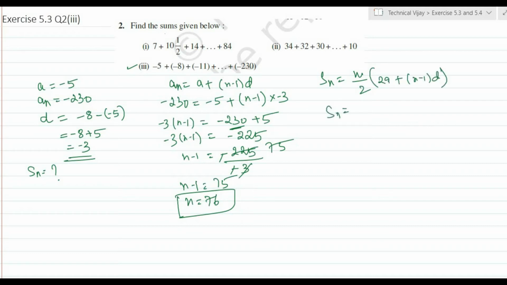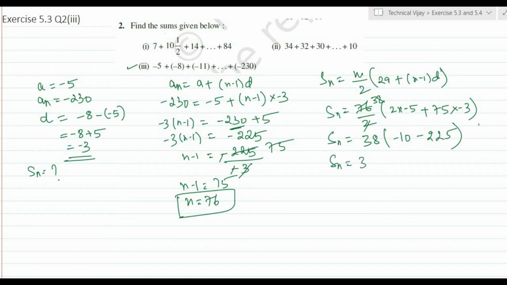So Sn is equal to, n means 76 divided by 2, into 2 into minus 5 plus 76 minus 1, that is 75, into d, which is minus 3. So Sn is equal to 76 by 2, that is 38, into minus 10 minus 225.